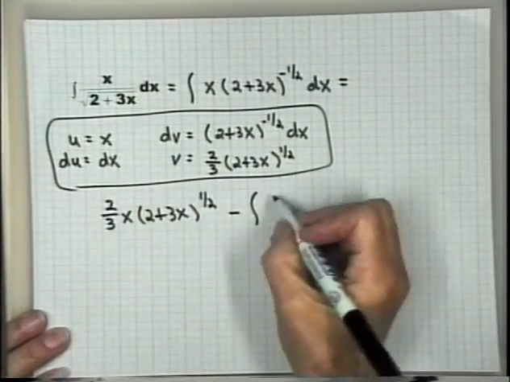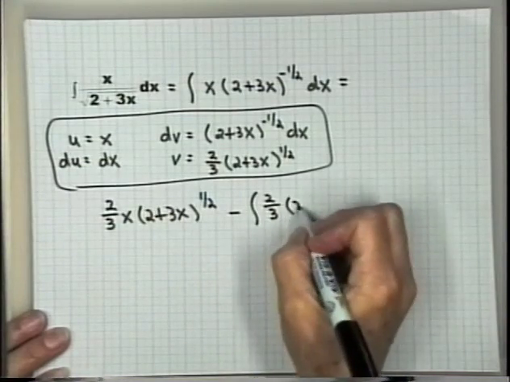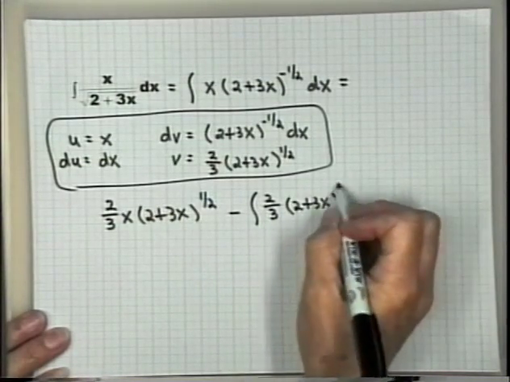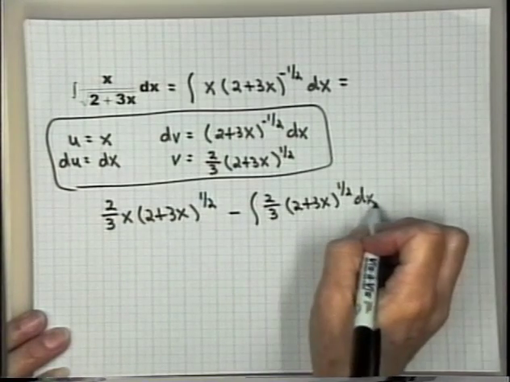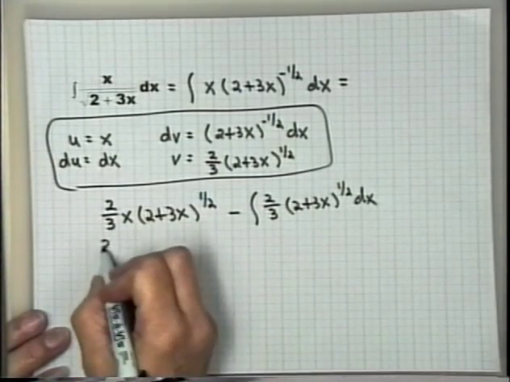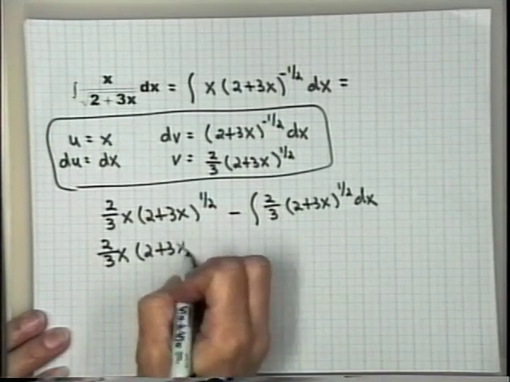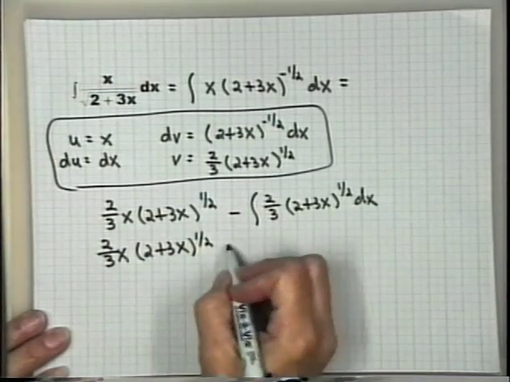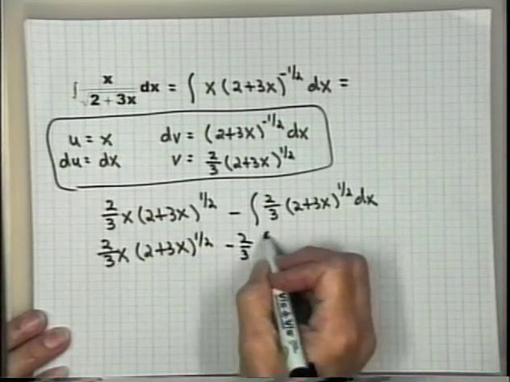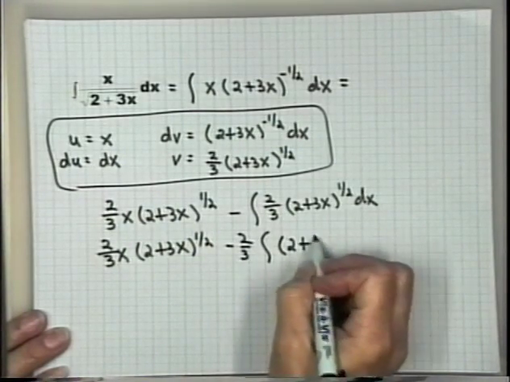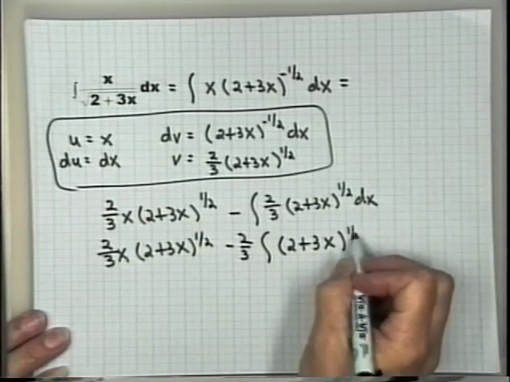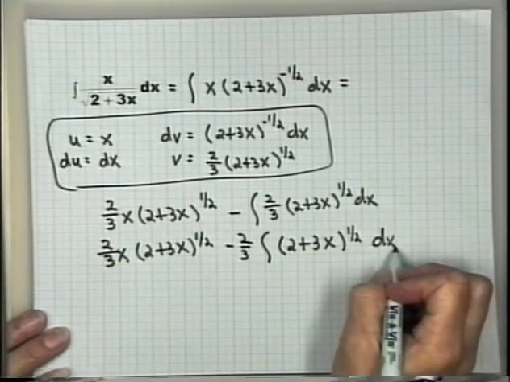V times du will be 2/3 times 2 plus 3x to the 1/2 dx. Now I'm going to rewrite this just one more time. 2/3 x times 2 plus 3x to the 1/2, and I'm going to bring this 2/3 out in front, and we have the integral of 2 plus 3x to the 1/2 dx left.